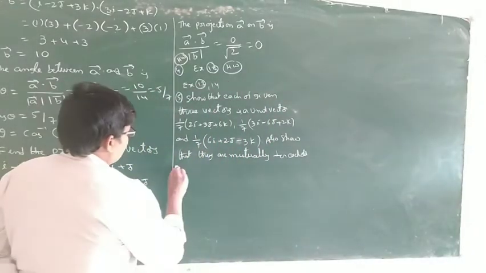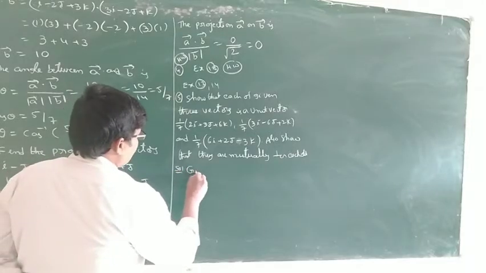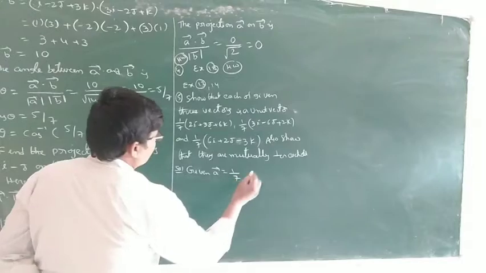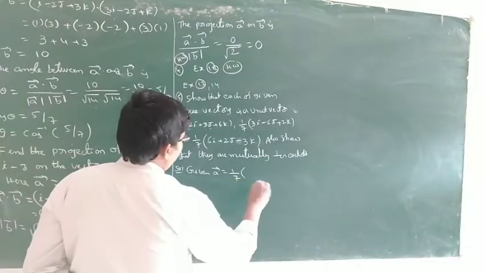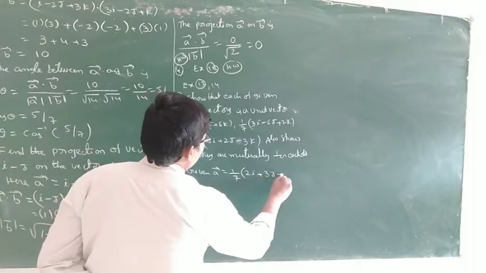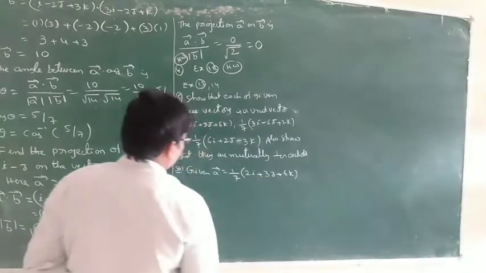Solution. Given A bar is equal to 1 by 7 into 2i plus 3j plus 6k.